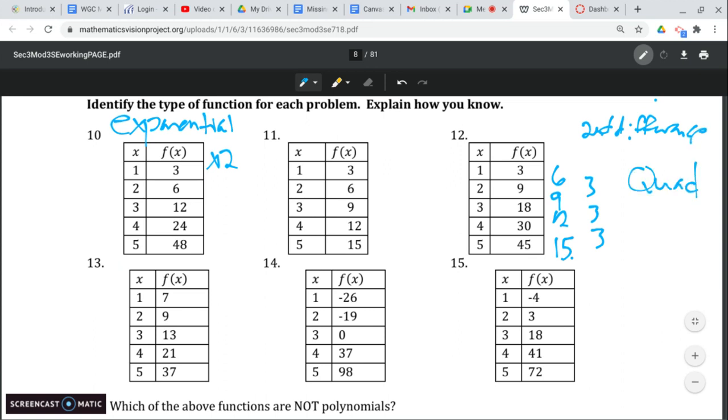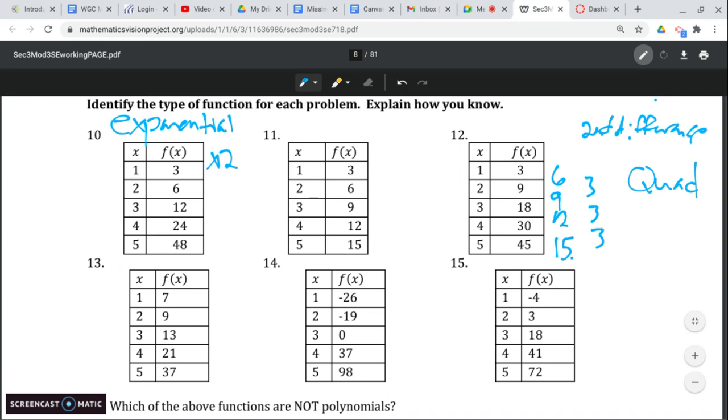I'm just going to put quad. So remember, when your second differences are the same, that means it's quadratic. If our first differences would have been the same, that would mean it's linear. And if our third differences are the same, then it's cubic.